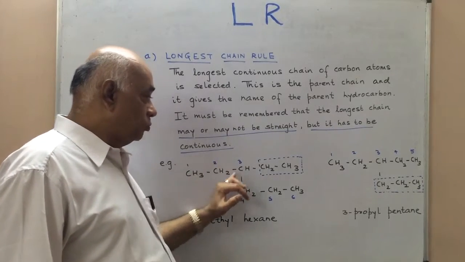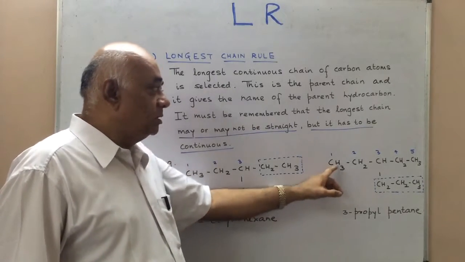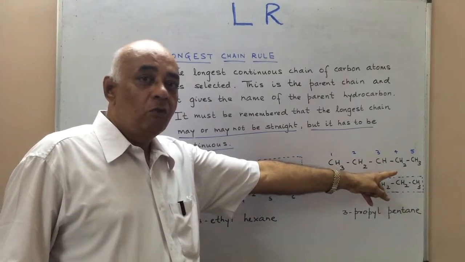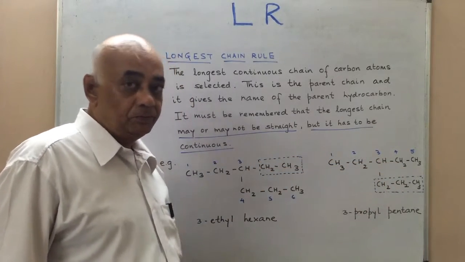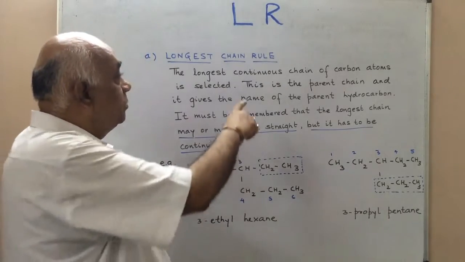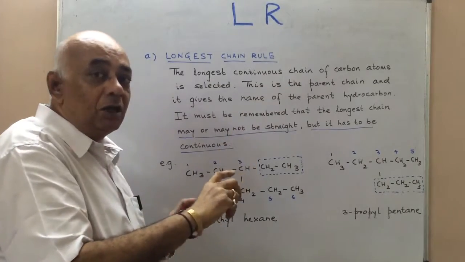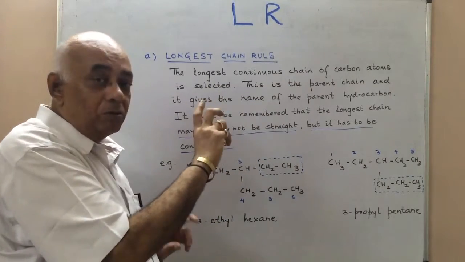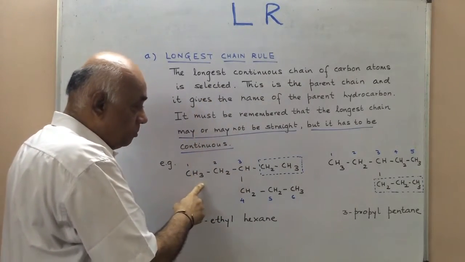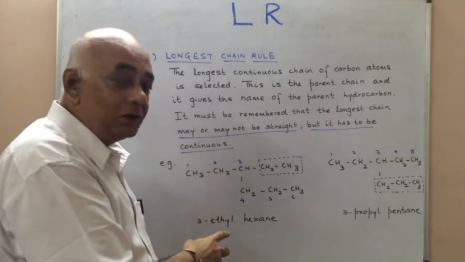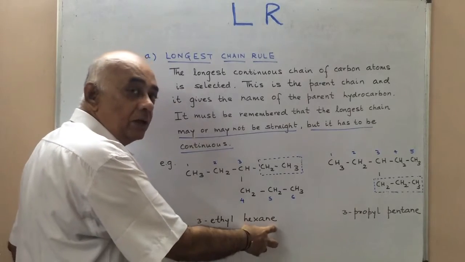This is numbered as 1, 2, 3, 4, 5 and 6, and this one has been numbered straight off as 1, 2, 3, 4 and 5. The chain so numbered, continuous chain, is chosen as the parent hydrocarbon. So in this example, the parent hydrocarbon would correspond to a 6 carbon atom skeleton, and therefore we write hexane.